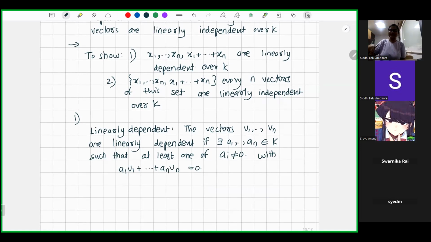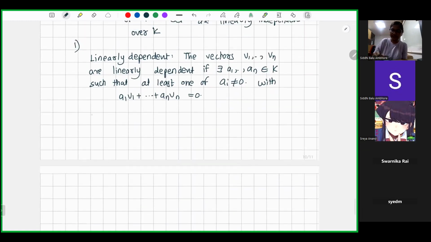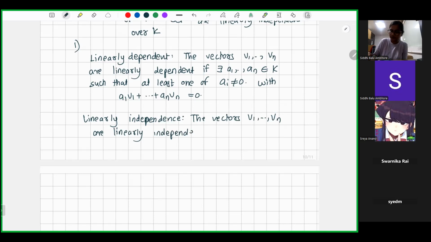So this is not a very conventional way to define linear dependence. How is linear dependence defined? They first define linear independence. So the vectors v1 to vn are linearly independent if... Can we say like this?